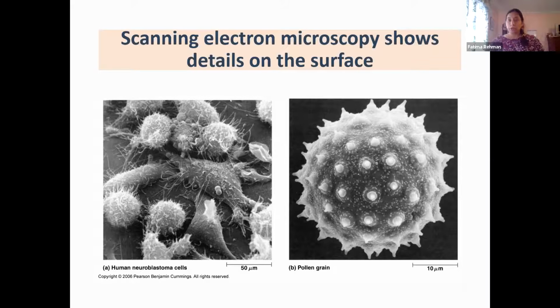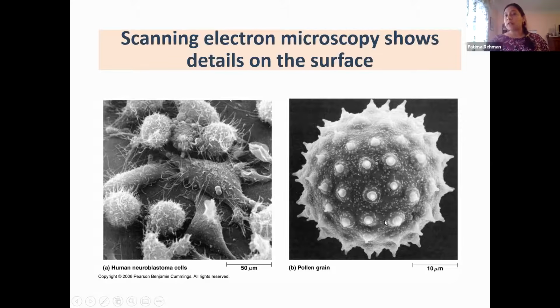You can do transmission electron microscopy or scanning electron microscopy. In transmission electron microscopy, it is a beam of electrons looking at structures inside the cell usually. In scanning electron microscopy, it's scattering essentially a bunch of electrons that are bouncing off and giving you the structure on the outside of that cell.